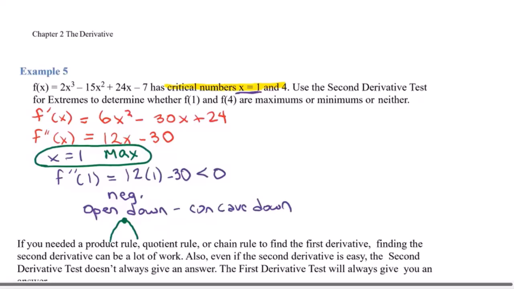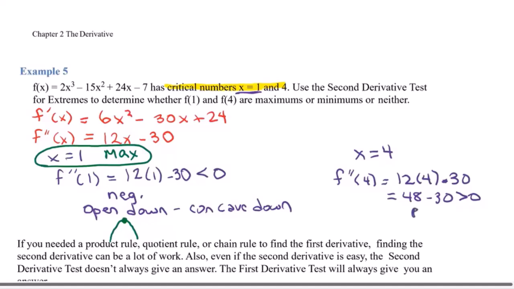If I have x equals 4, that's the second critical number they gave me. So let's find f double prime of 4, which equals 12 times 4 minus 30. This is 48 minus 30, which is definitely greater than 0.